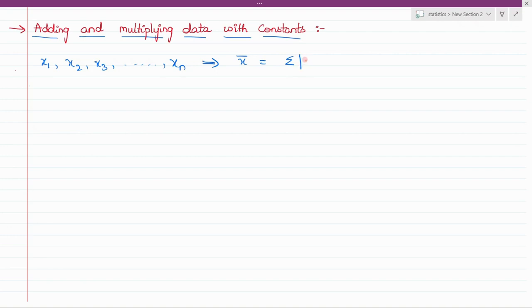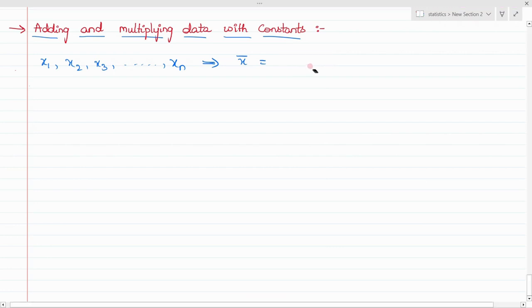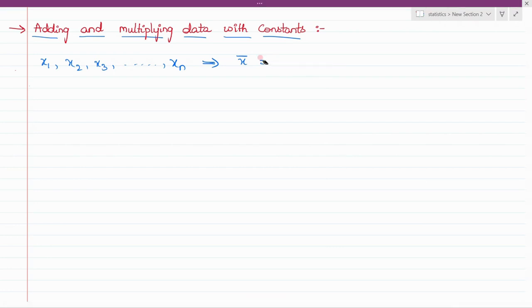sigma xi upon n. Here the mean will be sigma xi upon n, where n is the total number of observations.